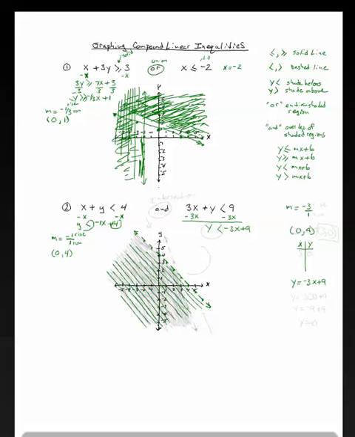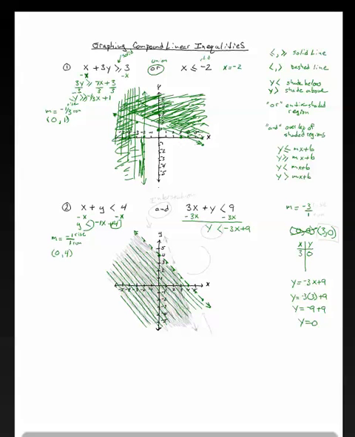So I choose x is 3. This way, when I plug in 3 for x, I'm going to get y is equal to negative 9 plus 9. So y is equal to 0. So I'm not going to use this y-intercept 0, 9. What I'm going to use instead is the point where x is 3 and y is 0.